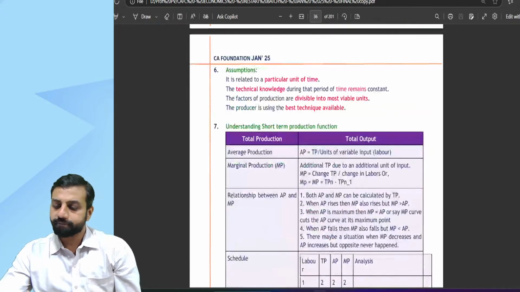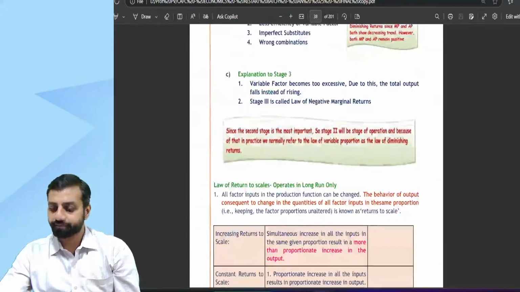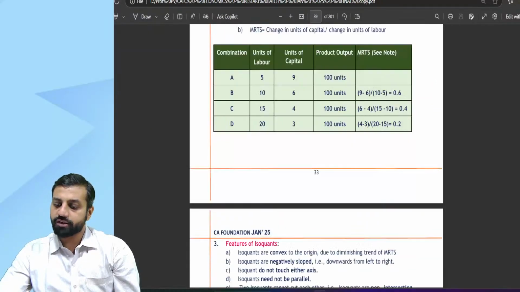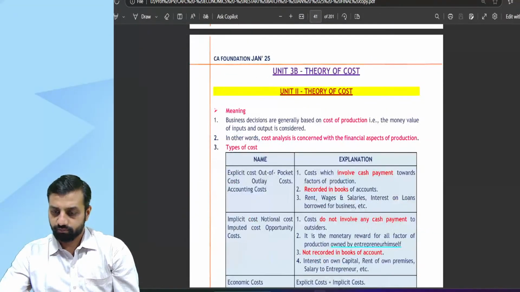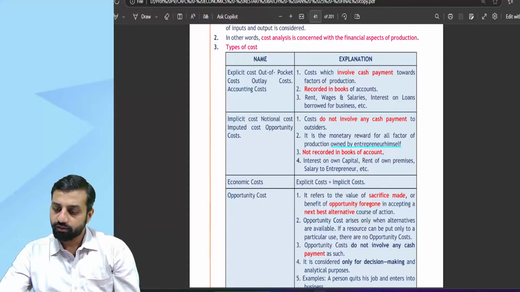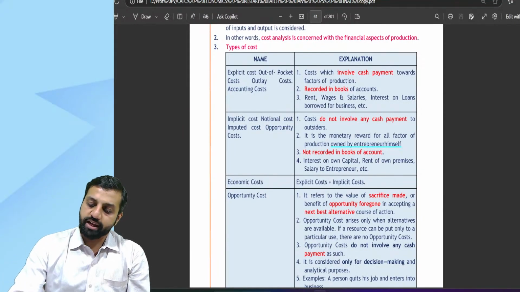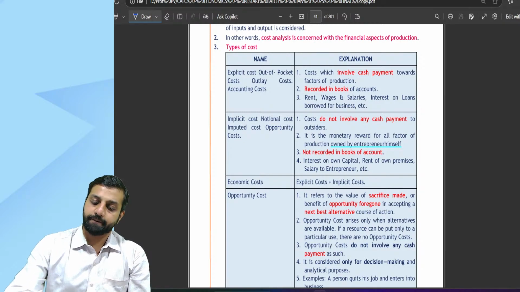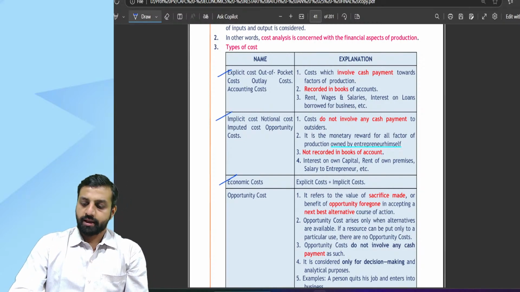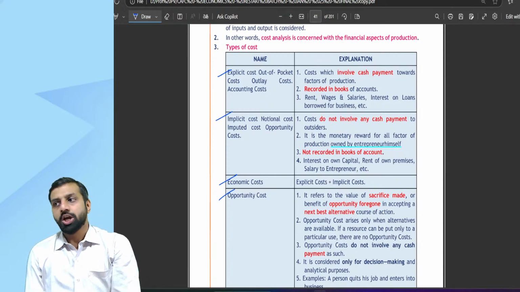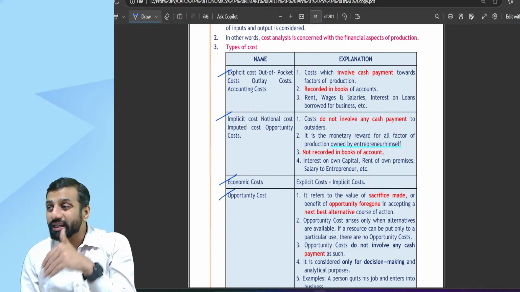Yes, Surya. Are we clear with that? Any other cost in which you have a doubt? As I told you, there is explicit, implicit, economic cost, opportunity cost, outlay cost, multiple types of costs. Opportunity cost is the opportunity lost.